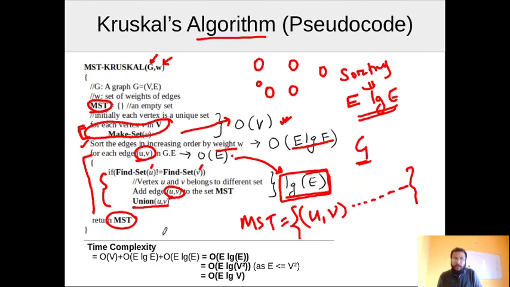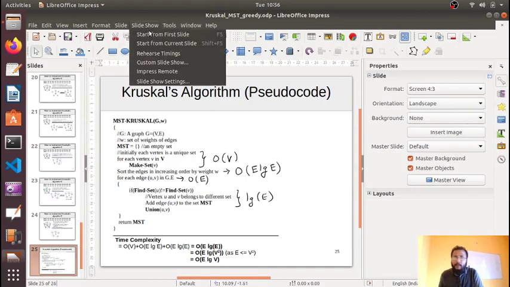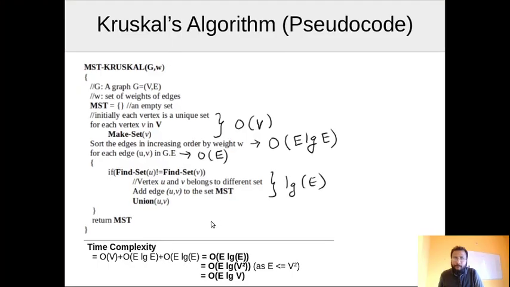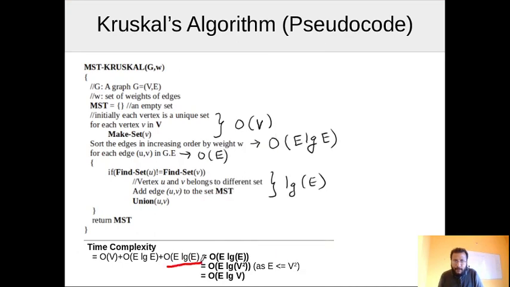So, the total time complexity is big O of V for make set, big O of E log E for sorting, and for the loop for actually doing the find set and union, this is big O of E log E.